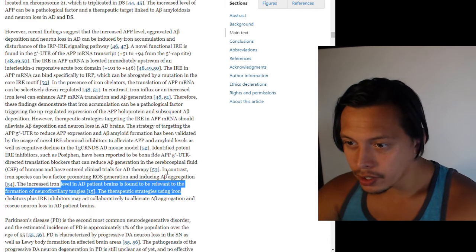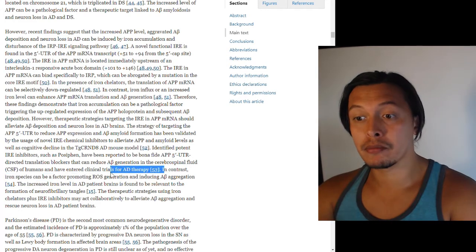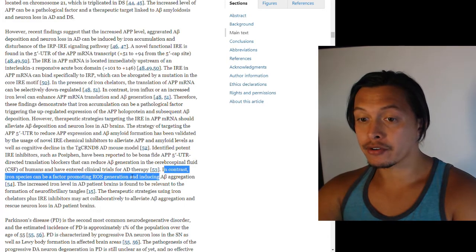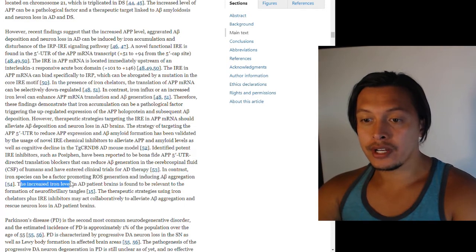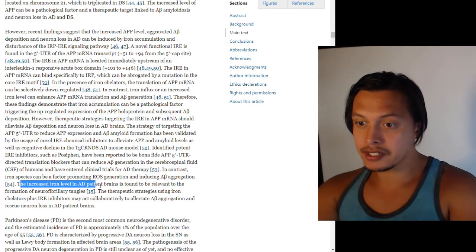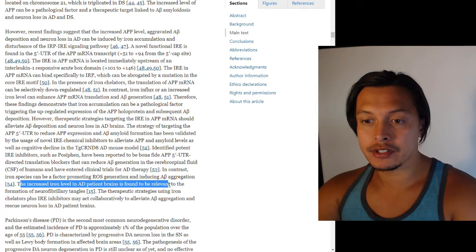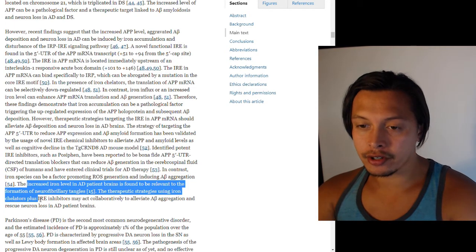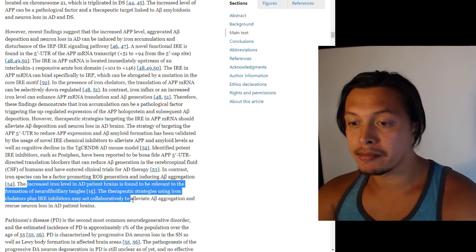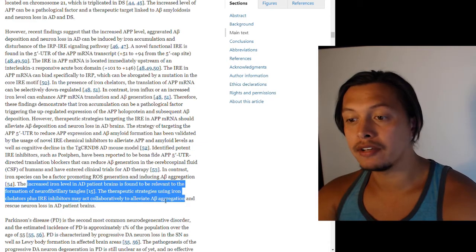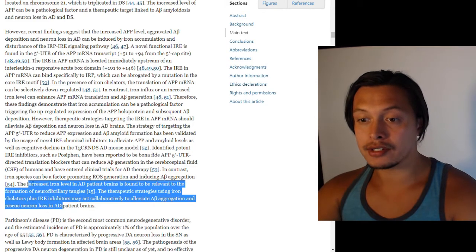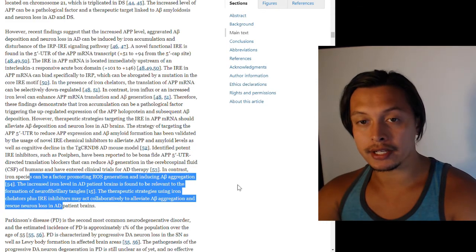Let's keep on going. So in contrast, iron species can be a factor promoting reactive oxygen species generation and inducing amyloid beta aggregation. The increased iron levels in Alzheimer's disease patient brains is found to be relevant to the formation of neurofibrillary tangles. The therapeutic strategies using iron chelators plus IRE inhibitors may act collaboratively to alleviate amyloid beta aggregation and rescue neuron loss in Alzheimer's disease patient brains.